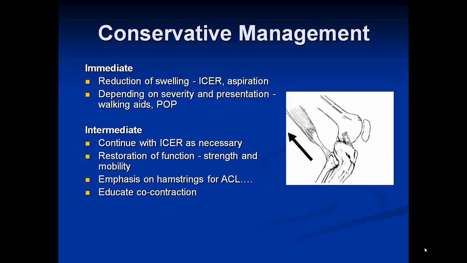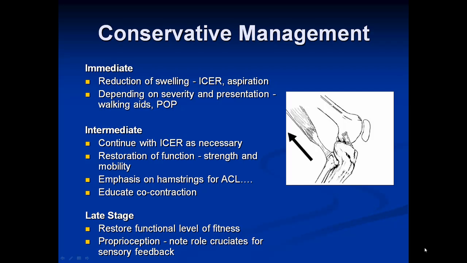In the intermediate term, function is important with strength, mobility and proprioception, and for the ACL, particular emphasis on hamstring contraction. In the later stages, restoring function and proprioception becomes more critical, and particularly for the cruciates in terms of sensory feedback.